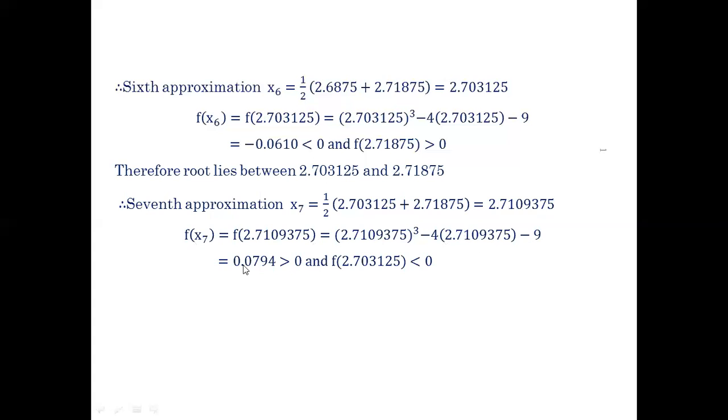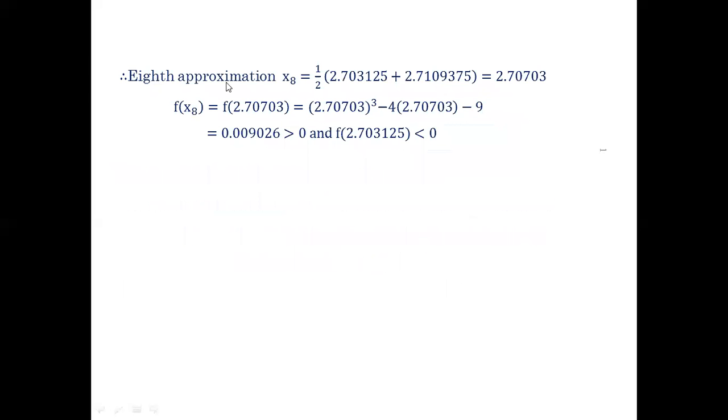After simplification, we get 0.0794, which is positive, greater than 0. Then the previous step's negative value, f of 2.703125, is less than 0. Therefore, the root lies between 2.703125 and 2.7109375.